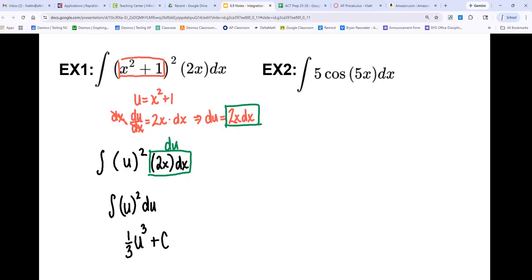Now, it's still not going to be your answer. If we think back to what we started with, u equals x squared plus 1. So that u right there, we can just put x squared plus 1 back in. So we get 1/3 times (x squared plus 1) cubed plus c.